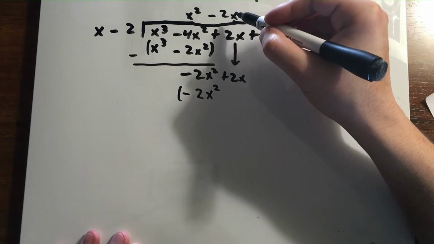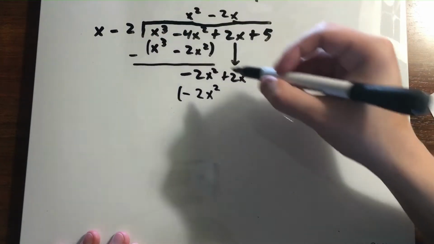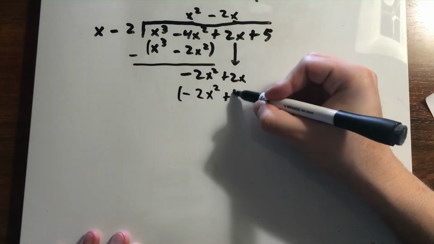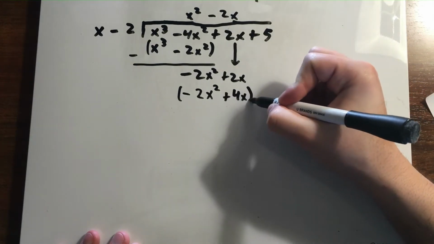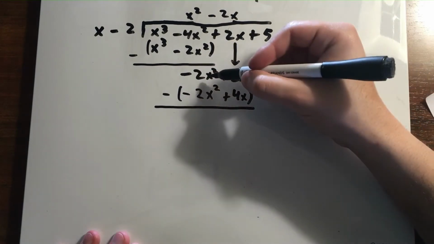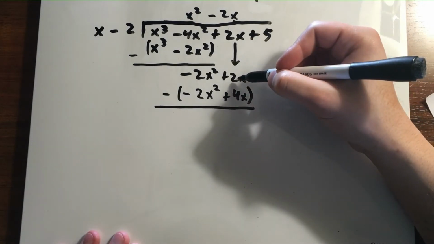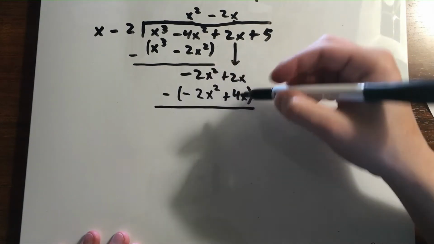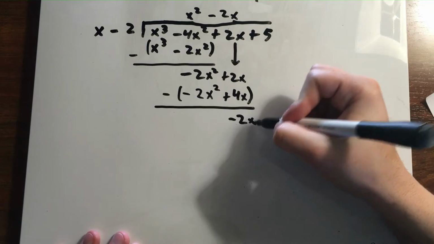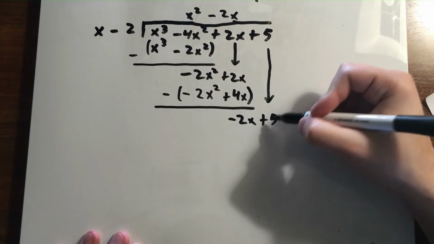Negative 2x times negative 2 is positive 4x. Then we're going to subtract this again. Negative 2x squared minus negative 2x squared is 0. 2x minus 4x is negative 2x. Bring this down, positive 5.